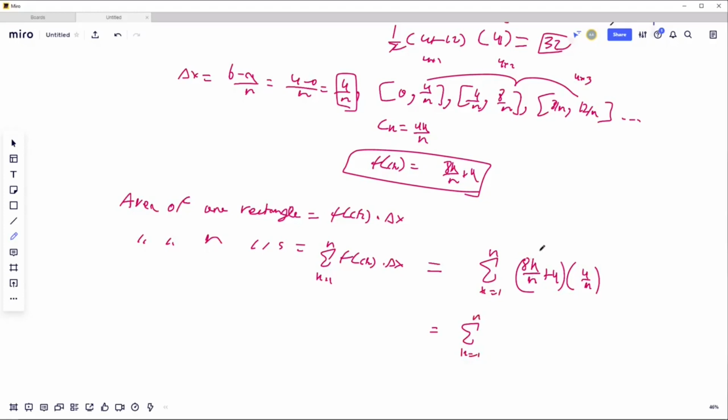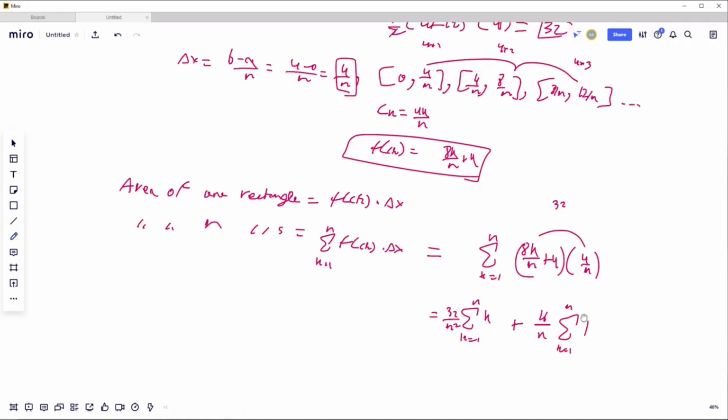So first of all, 8k over n times 4 over n, that's 4 times 8, that's 32, right? 32k over n squared. So I'm taking the 32 over n squared out, and I'm left with k, plus this times that, you get 4 times 4, 16 over n, outside the summation nothing stays, so k from 1 till n of 1, summation of 1.